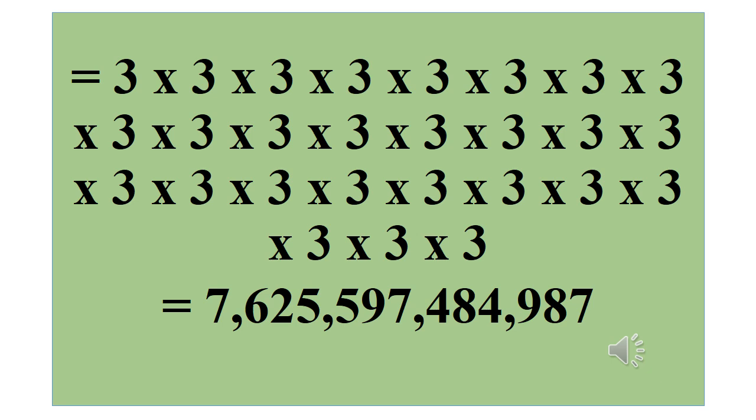Now remember, we are saying power now, no more superpower, because we have already simplified it. 3 raised to superpower of 3 means 3 raised to 3 in 3 places, that is 3 raised to power of 3 raised to another power of 3, and that gives us 7 trillion 625 billion 597,484,987.